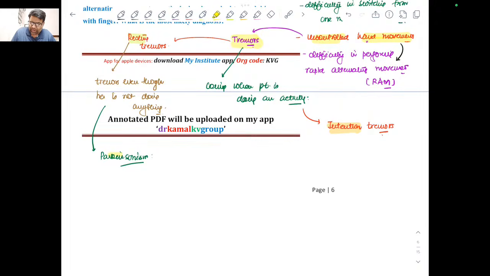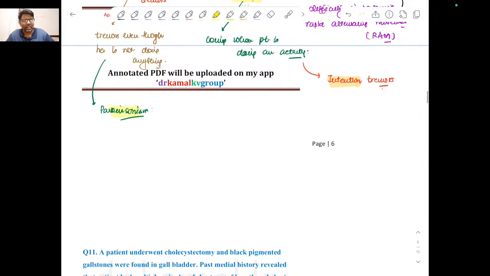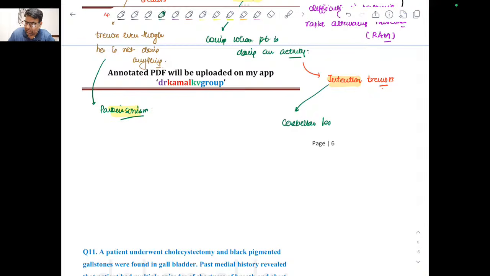Resting tremors, bradykinesia, slowness of movement, then festinating gait, all Parkinsonism. But that's not the condition in discussion for the time being. Intention tremors suggest cerebellar lesions. So it means there is some lesion of cerebellum.